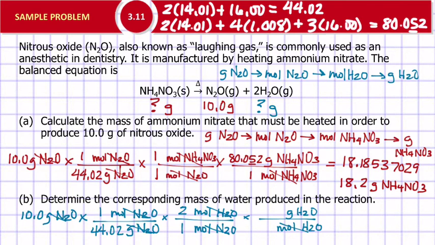And then we need the molar mass of water. We've done that a bunch of times. It's 18.016. So 10 divided by 44.02 times 2 times 18.016 equals, blah, blah, blah.